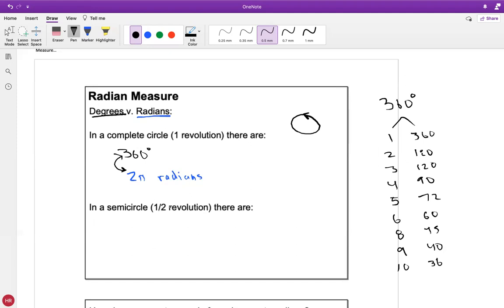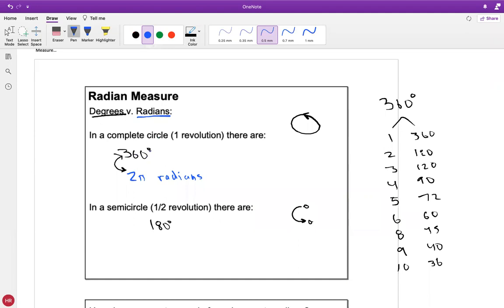Now, if I only want to spin around halfway, so instead of doing this, I do like that. I was facing this way, now I'm facing that way. That's 180 degrees. Do a complete 180. It means to turn all the way around.